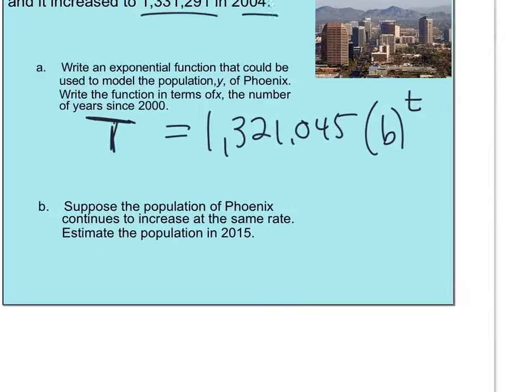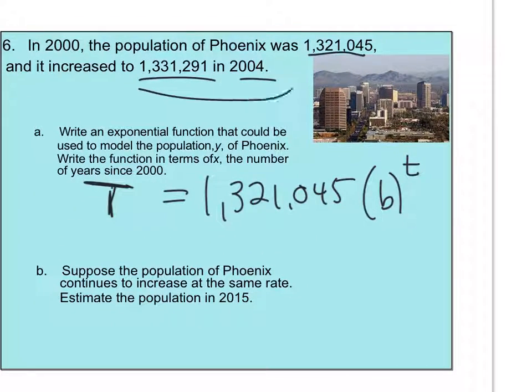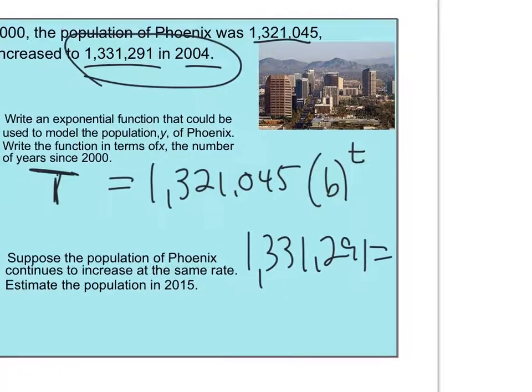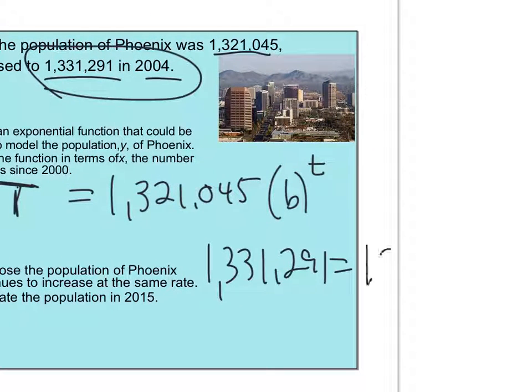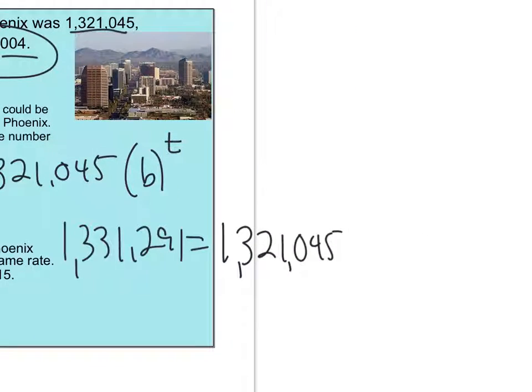So when I go to do this, I'm going to use this information right here to help me out. So I'm going to take 1331291 equals 1321045 times b raised to the 4th.